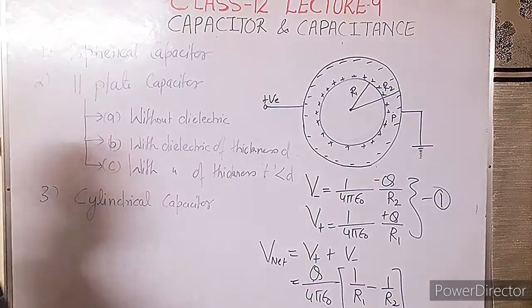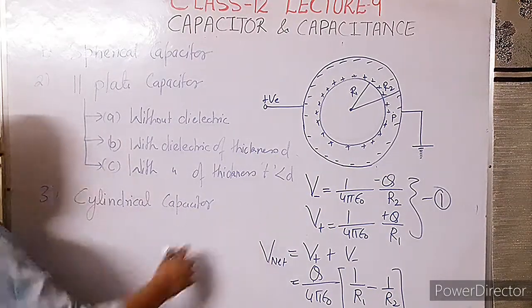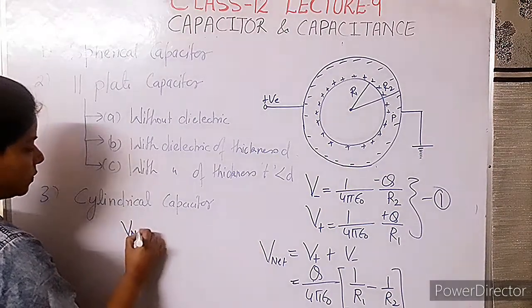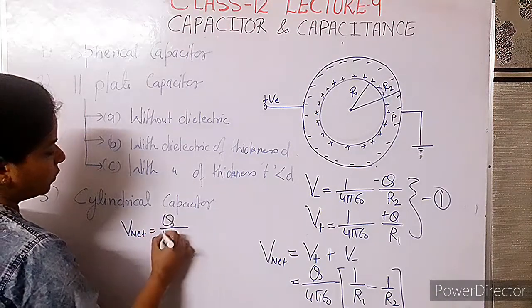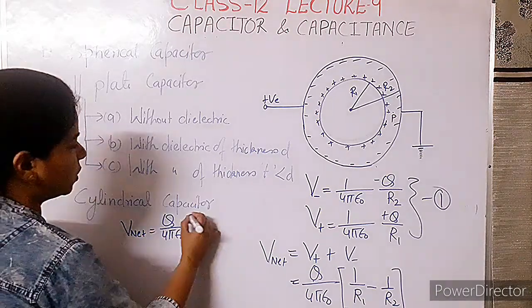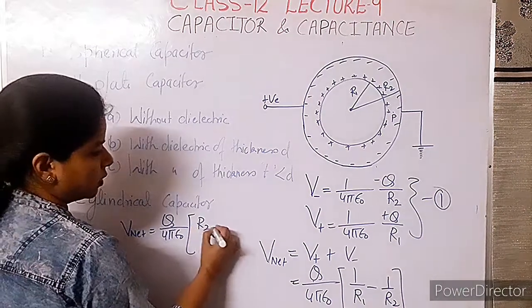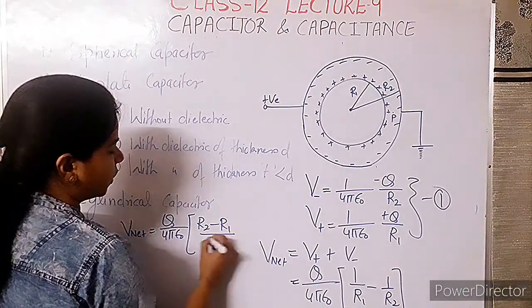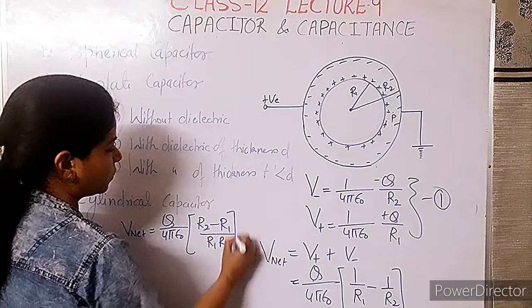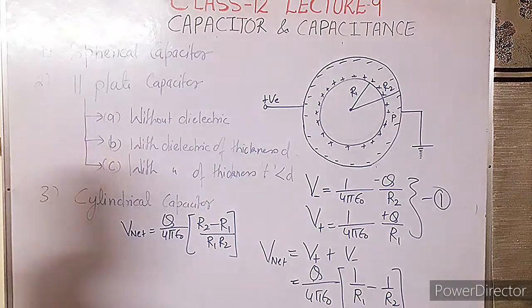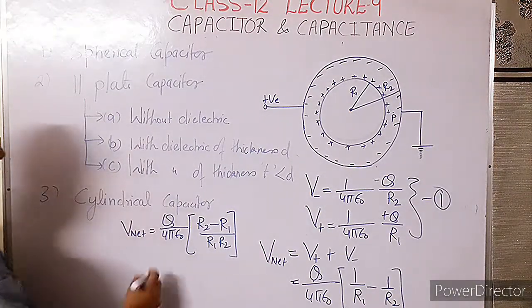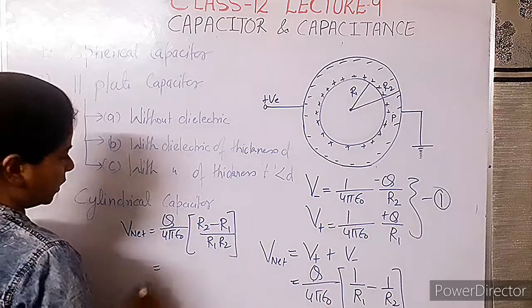So V net is equal to Q divided by 4 pi epsilon naught, and we get the result as (R2 minus R1) over R1 R2. Simple. You have done these small mathematical steps.